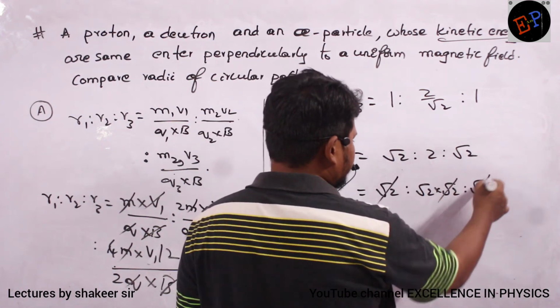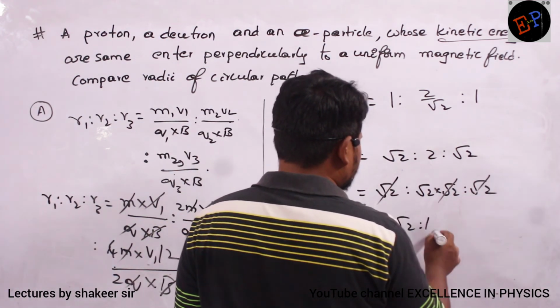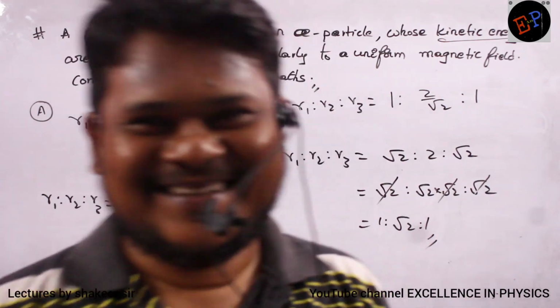Same answer. So 1 is to root 2 is to 1. This is our answer. Clear?